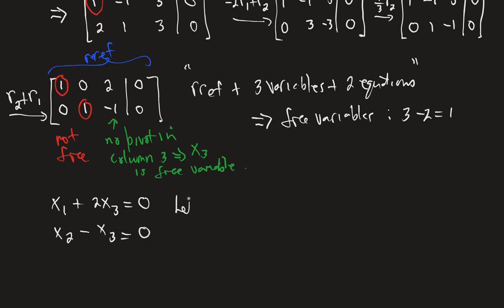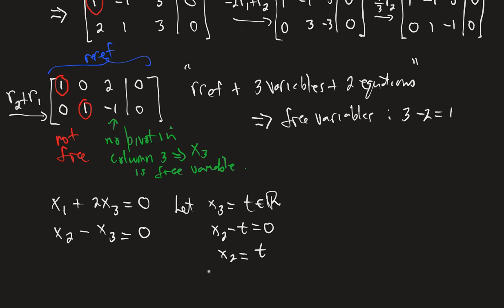So if we let x3 be our free variable, we can use t or s. I'll go ahead and use t. Then what do we have for x2? So x2 minus t is equal to 0. So therefore x2 also has to be equal to t. So we get that from our second equation.